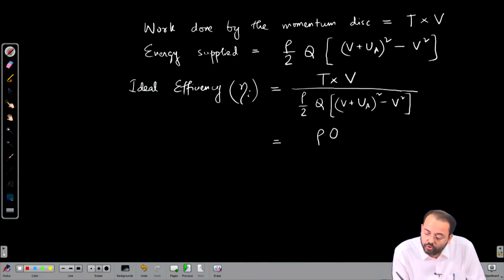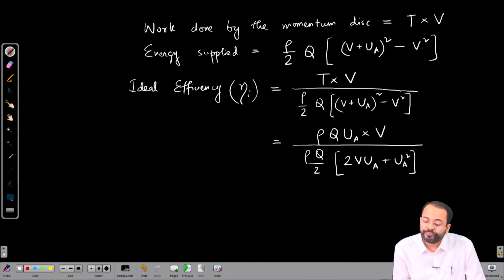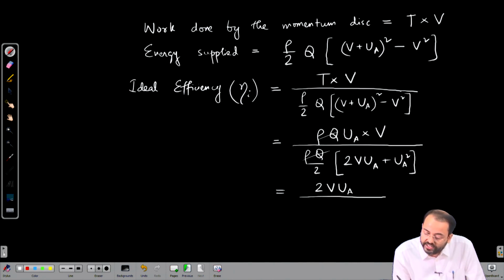It will be rho Q UA times V here, and in the denominator we have rho Q by 2. The expression within the bracket will be 2 V UA plus UA square, right. Now, rho Q terms will cancel out each other. So, we have 2 V UA by 2 V UA plus UA square.